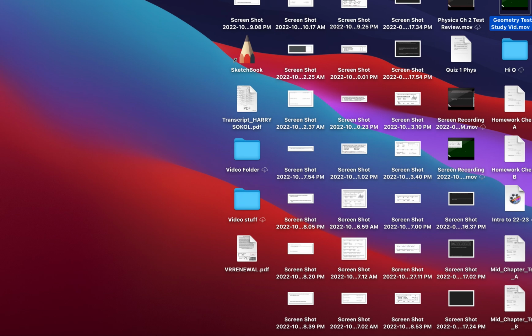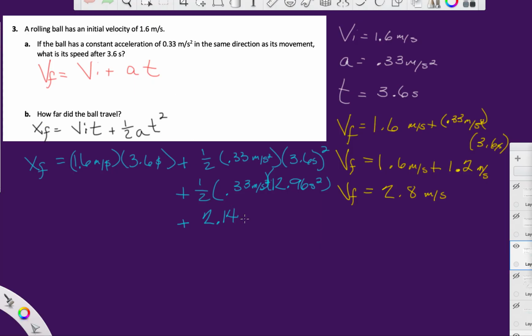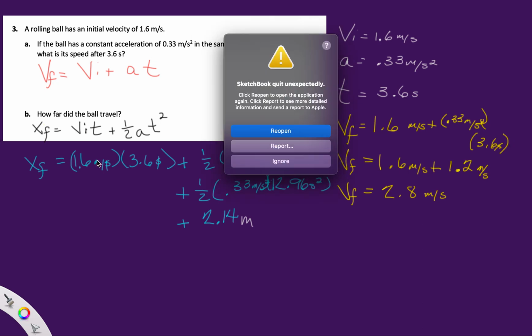Where did that go? There it is. I don't know what just happened to my computer, but please don't be mad that it went away. I can't go back and start over again. It's much too late in the day. I'm going to ignore that.